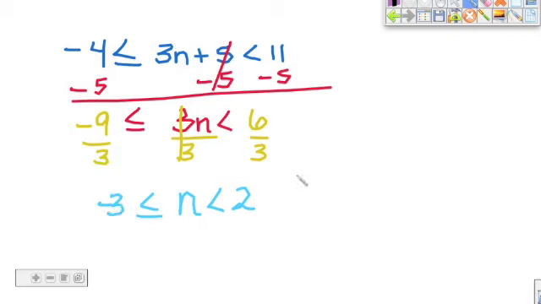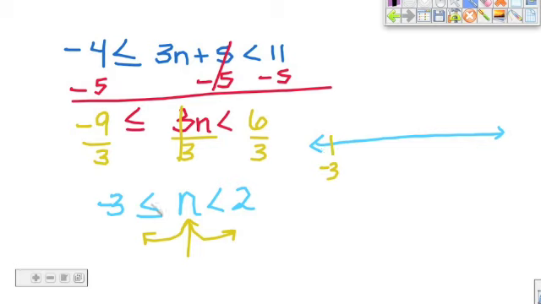All right, let's look at our number line here. How do we read this? Again, start in the center and read it that way first and then that way. So we have n has to be larger or equal to -3. So I'm going to start with a -3.